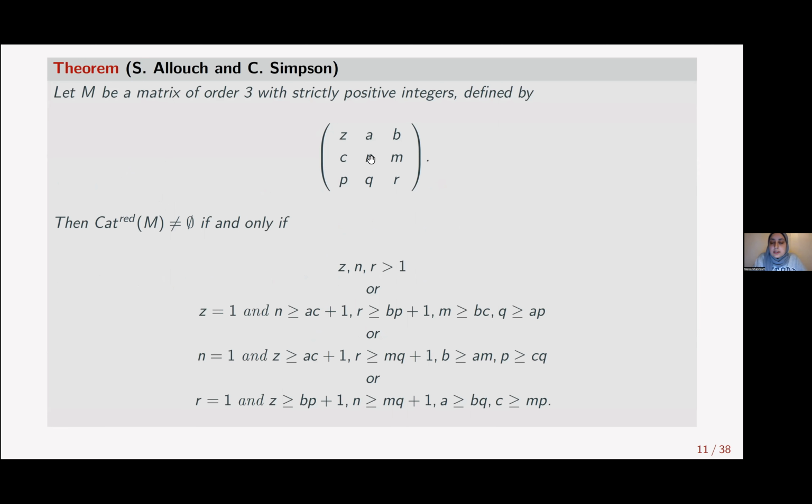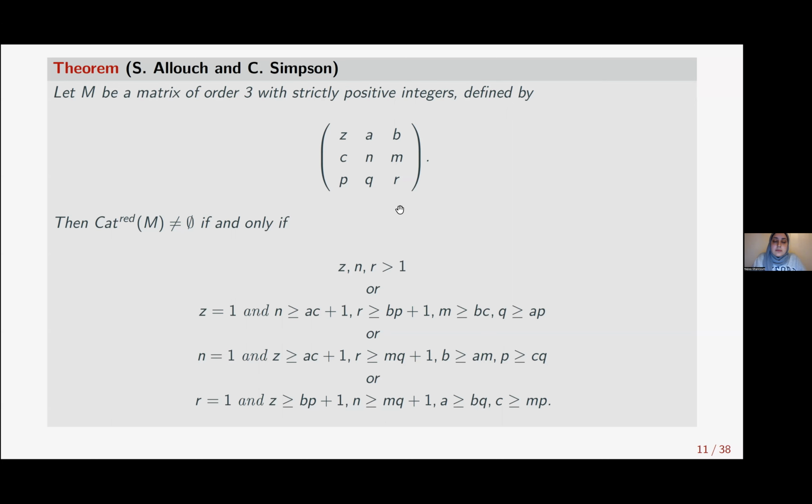So either all the diagonals are not 1, so strictly greater than 1, or if one of them is 1, let's say Z, then we take every submatrix of size 2 with Z here, and we do the determinant thing in each submatrix. And the same for the other positions.